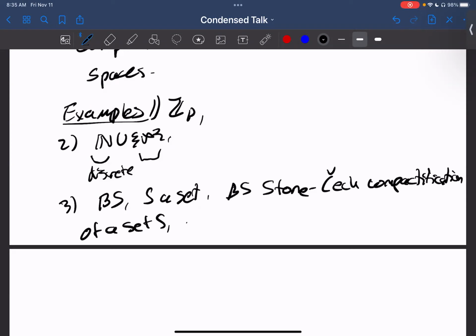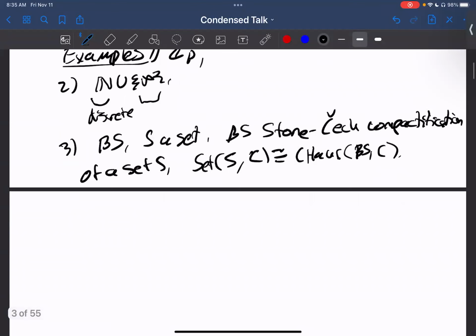In particular, it has the universal property that set maps from S to C, where C is some compact Hausdorff space, are equivalent to maps of compact Hausdorff spaces from the Stone-Čech compactification of S to C.